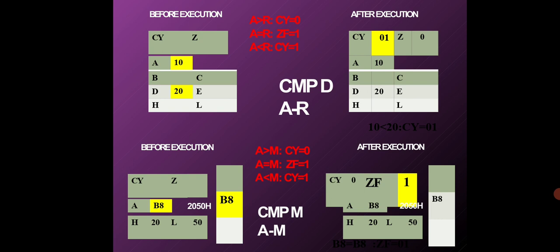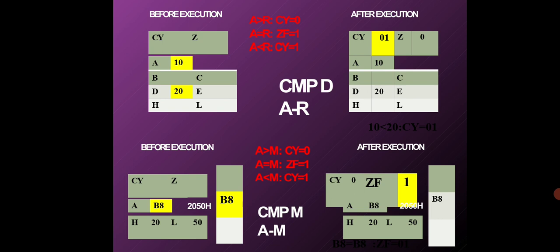You can see the second example. In this first example, 10 is less than 20, so carry is 1. In the second example, you can see the content of A is B8, and in memory location 2050, it is B8.